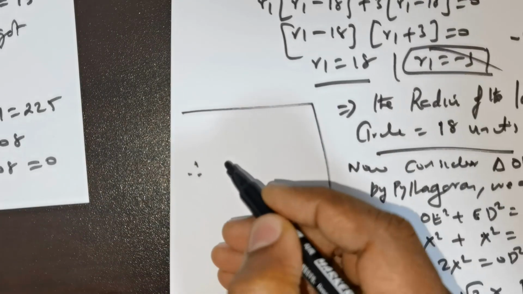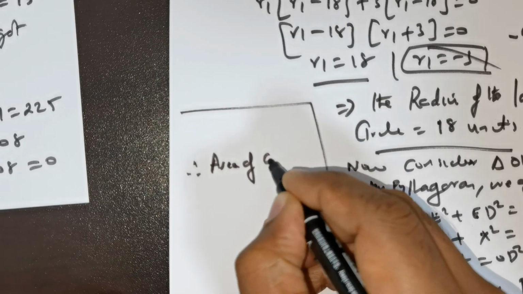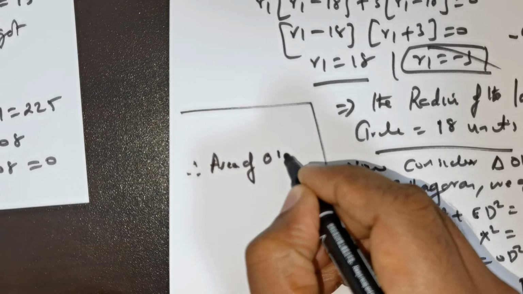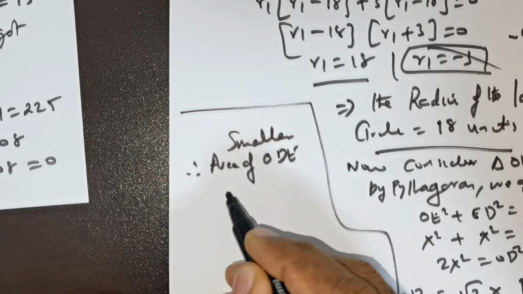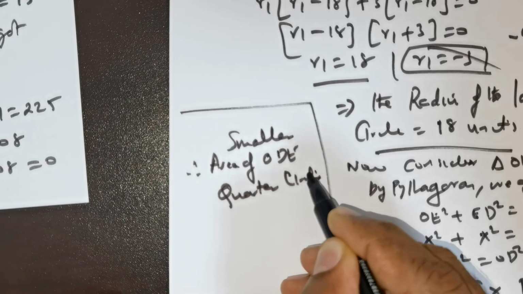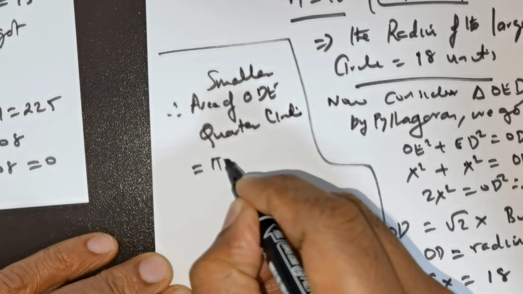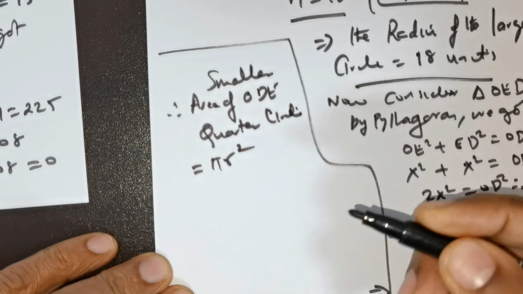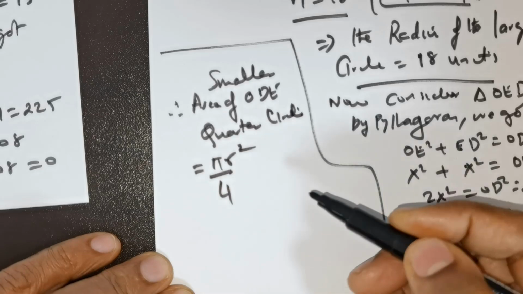So therefore area of ODE, smaller quarter circle, just mentioning it, is equal to pi r squared. But this is the quarter circle, so divide by 4.